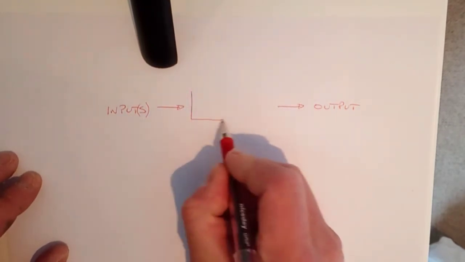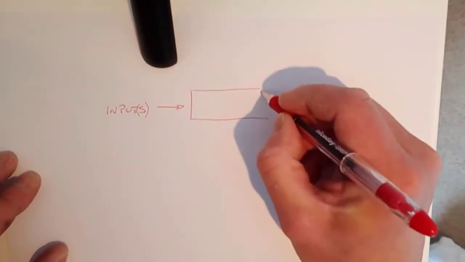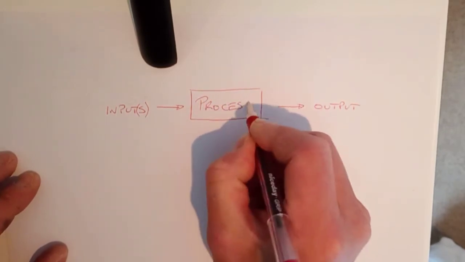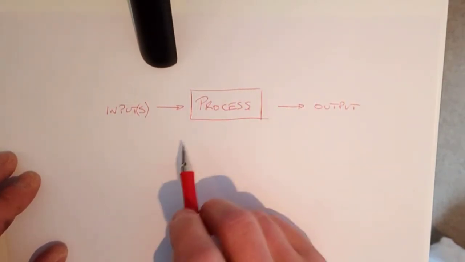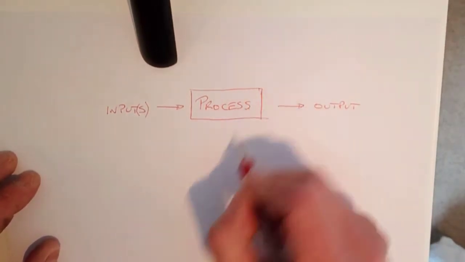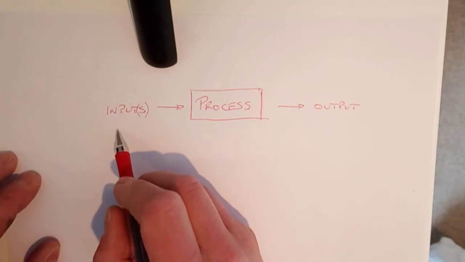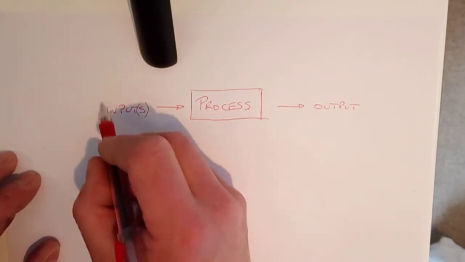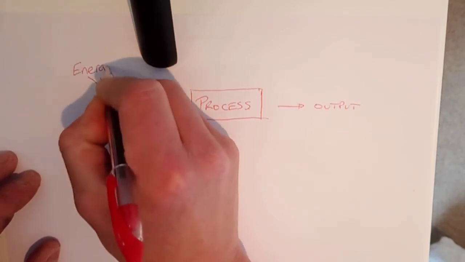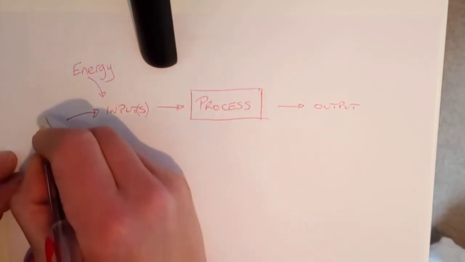And then in the middle there's a process, the inner workings of each object, how it functions basically. We can determine the inputs by the type of energy that's going into it, or how we actually make it work.